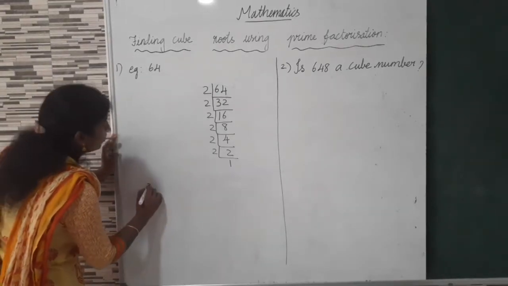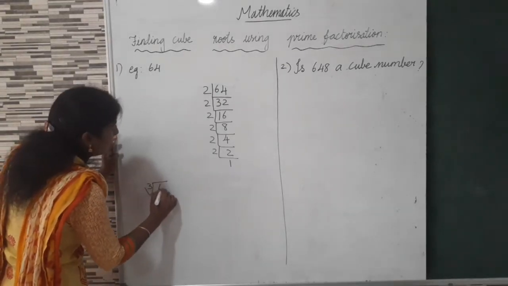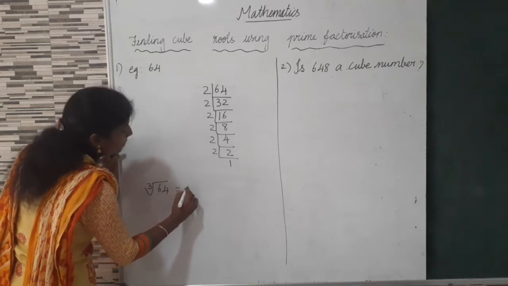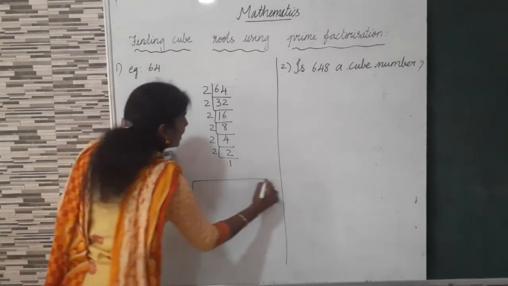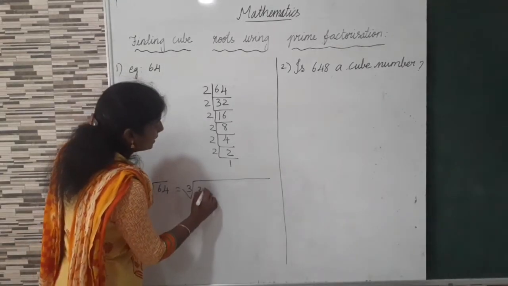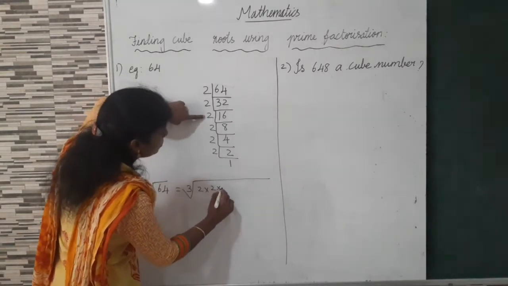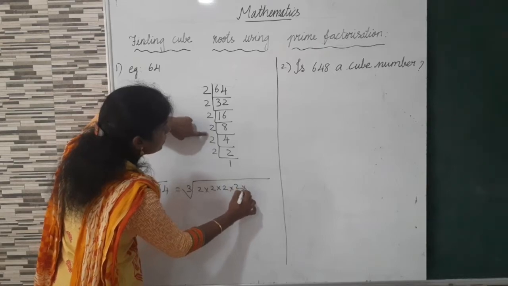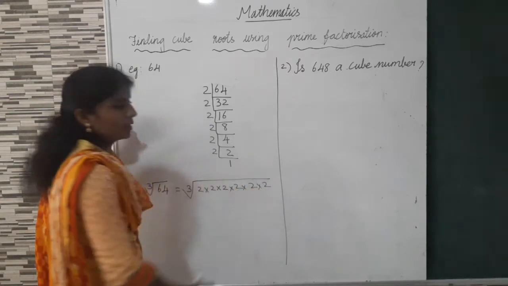Finding cube roots: cube root of 64 equals cube root of, what are the prime factors of 64? Here 2 into 2 into 2 into 2 into 2 into 2. Isn't it?